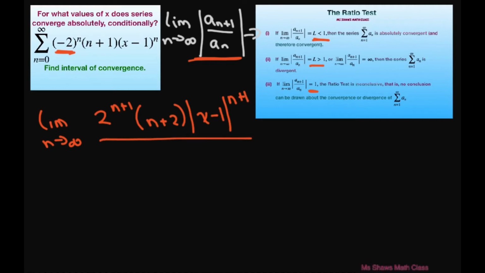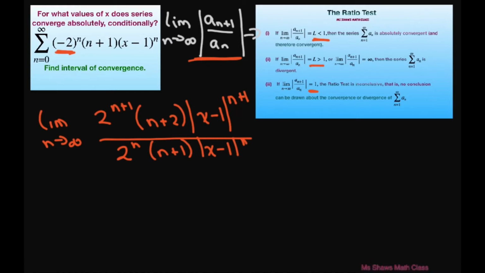And we're dividing by our original 2 to the power of n times n plus 1 times absolute value of x minus 1 to the power of n.